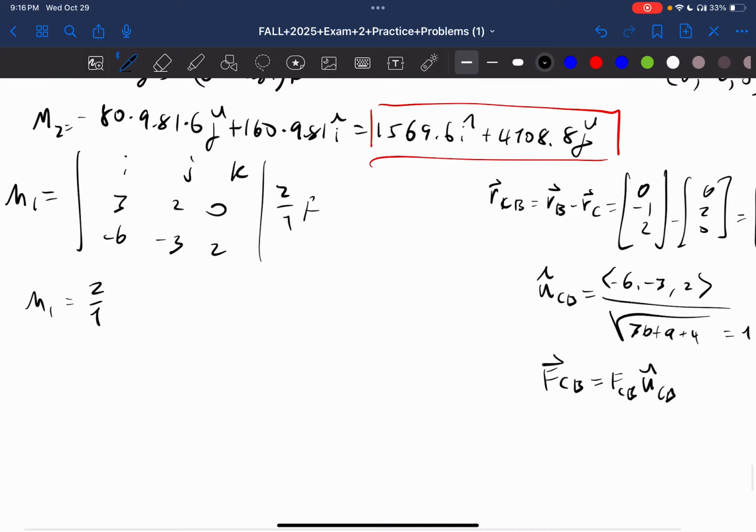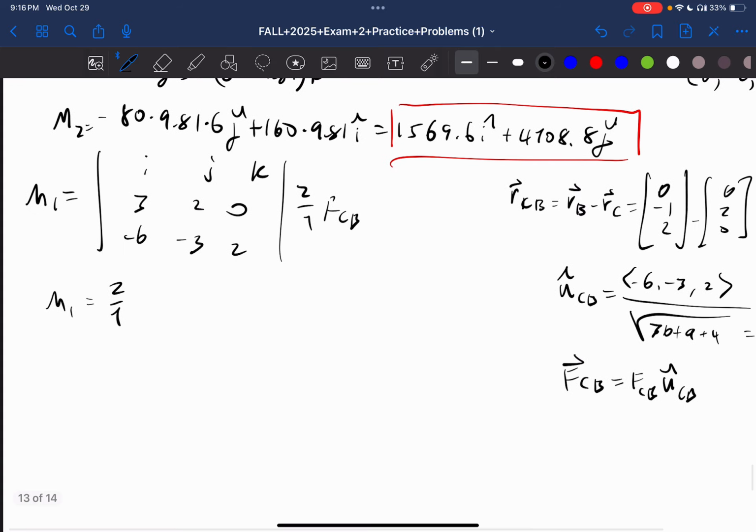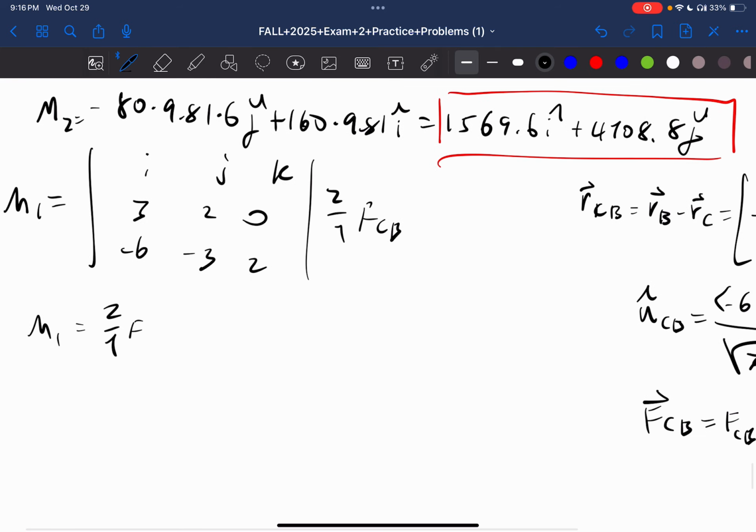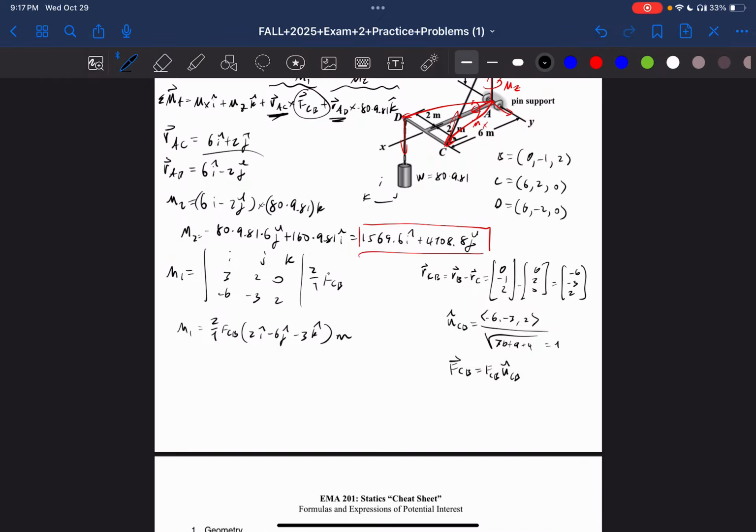So we're going to have FCB out here too. So it's going to be 2/7 FCB, and then we're going to have 2 in the I direction, minus 6 in the J direction, minus 3 in the K direction. This is going to be in meters. Sorry, I meant Newton meters.